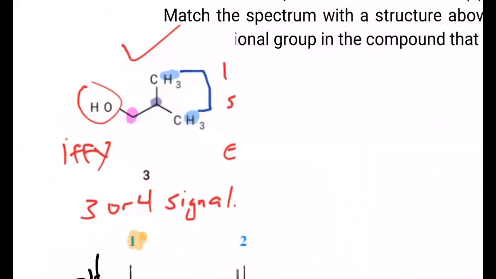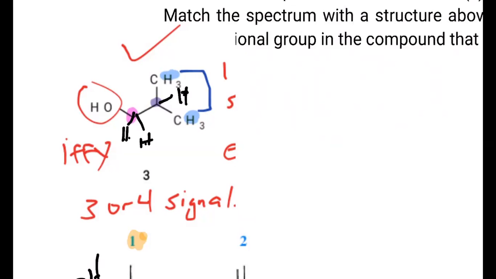You have this set of protons here. You've got a proton here. And then you've got the 2 CH3s that are equivalent. So out of those 3 choices, which one is going to be 6 protons that show up under one signal?